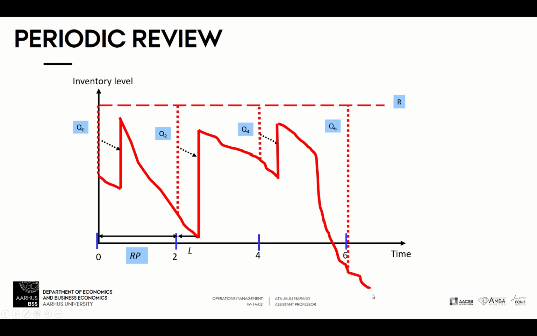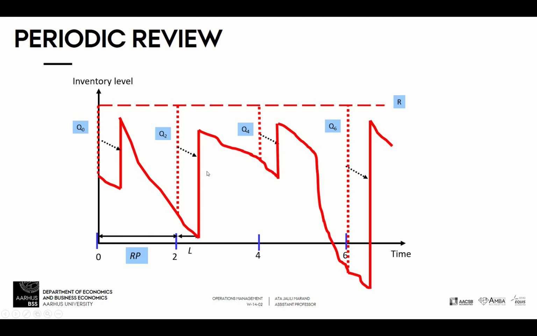It takes L units of time to receive it, so we will have more backordered demands, and then at this point of time we will receive the order that we have already made, so inventory level increases, and the same story will repeat again.